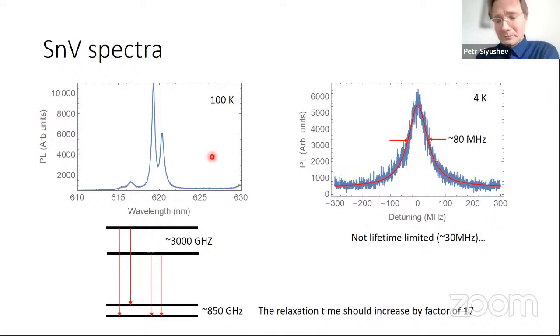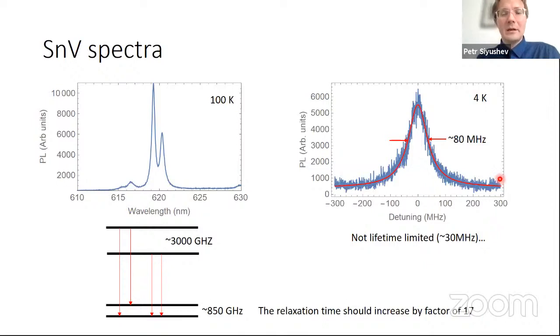Therefore, this also results in some dephasing of our optical transition, and this is a typical PLE spectrum which we observe for the tin vacancy center, which is in the order of 80 megahertz. Whereas the Fourier transform limited line should be around 30 megahertz because the lifetime is in the order of 5 nanoseconds. So this work is still in progress, and we hope to get some good results soon. However, at the moment, I can't present them to you.